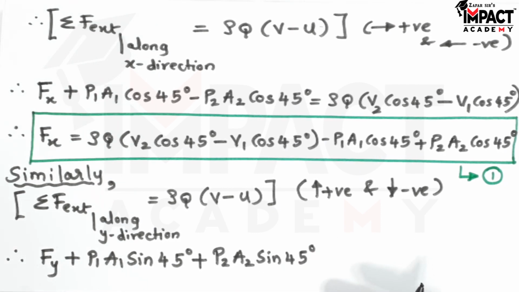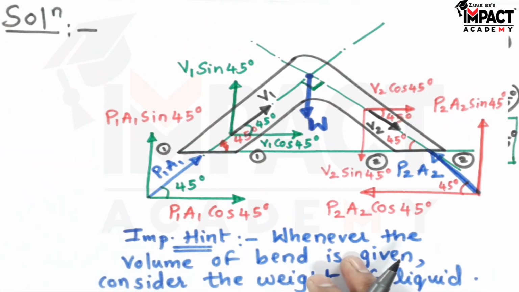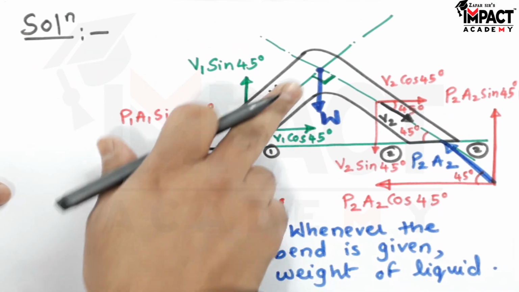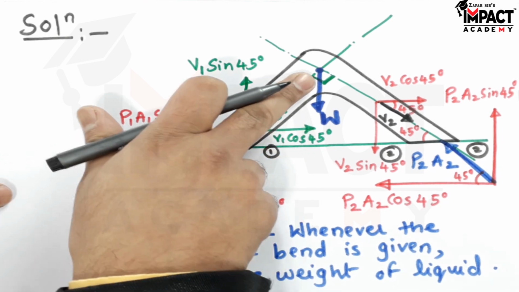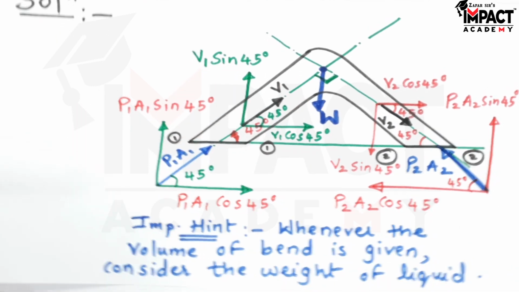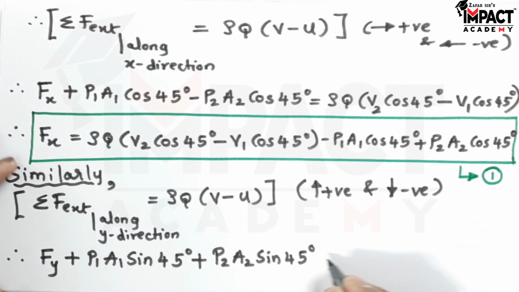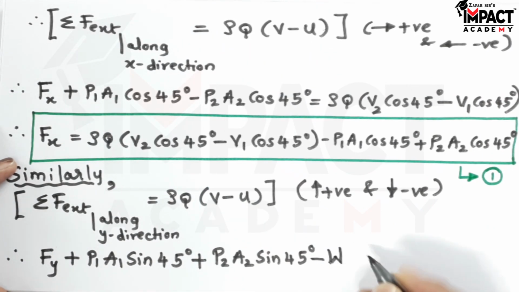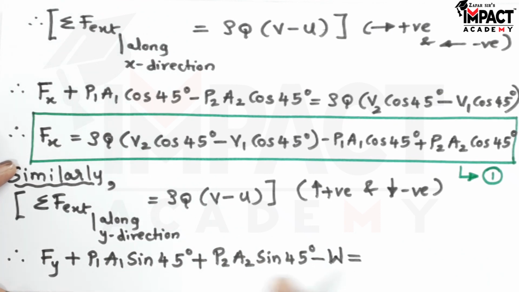Now, apart from the pressure forces, since in this problem the volume of the bend is given, so weight needs to be considered, and weight is also a force. It is acting in the downward direction, so negative, and it would be onto the left hand side, so minus the weight of the component. So these are the forces which are acting on the bend in the vertical direction.